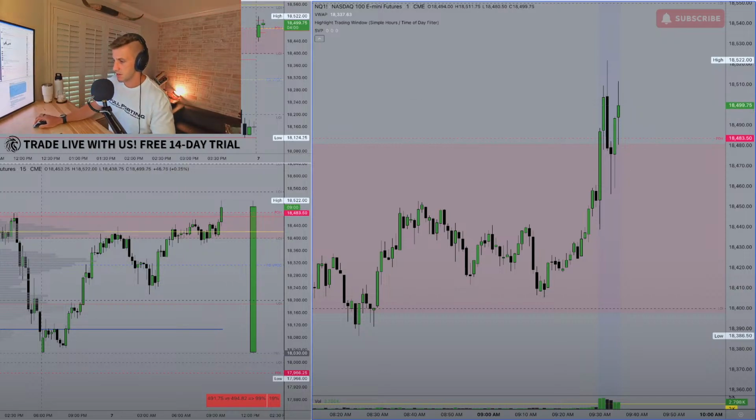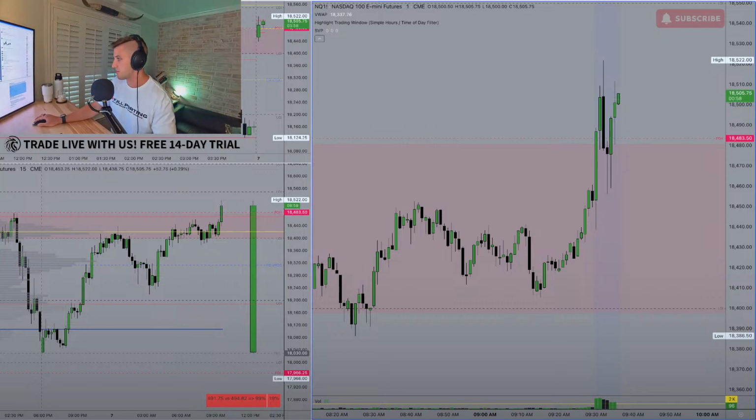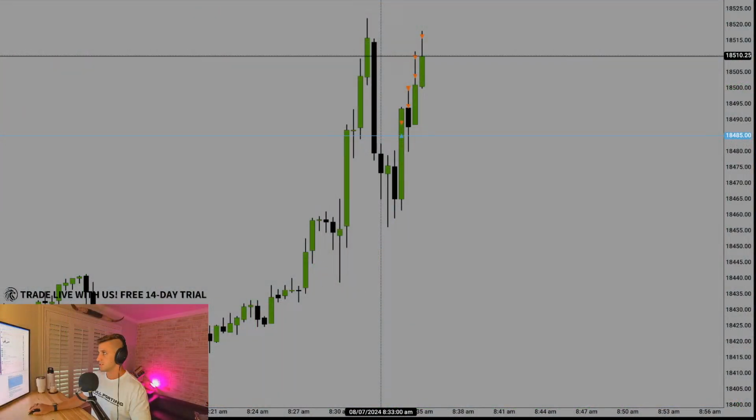So far, responsive buyers to prior day high. It's good for bulls. Good for bulls and the bigger picture breakout that is potentially underway right now. I was able to grab a small piece of that just as a scalp.